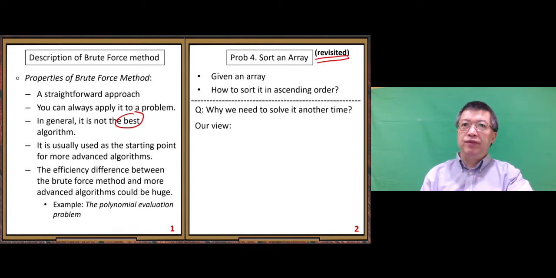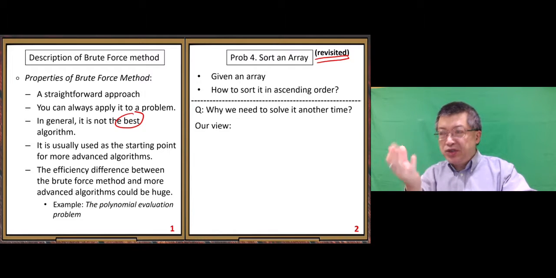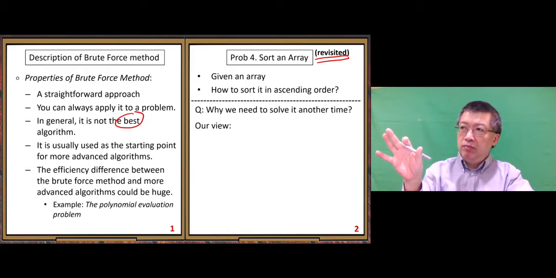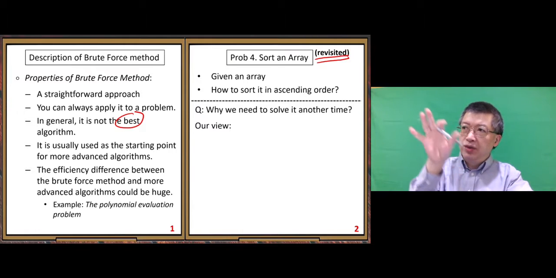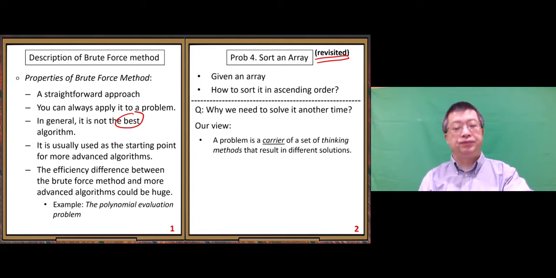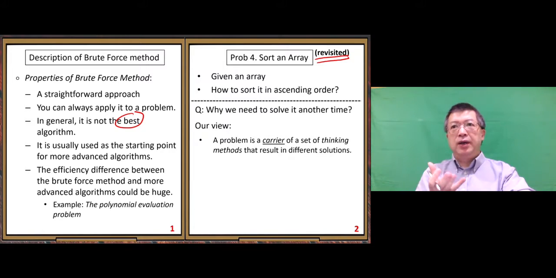Our view on this particular situation, why for one problem people still want to solve it many, many times. First, when we look at a problem, we treat it as a carrier of a set of thinking methods.